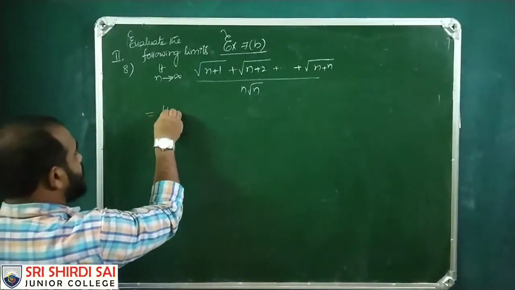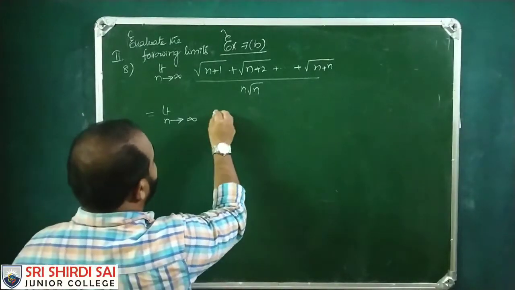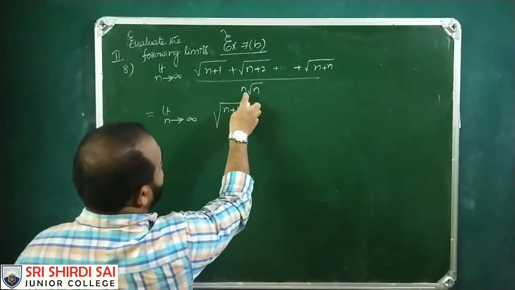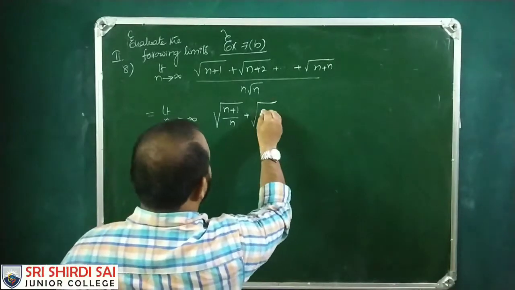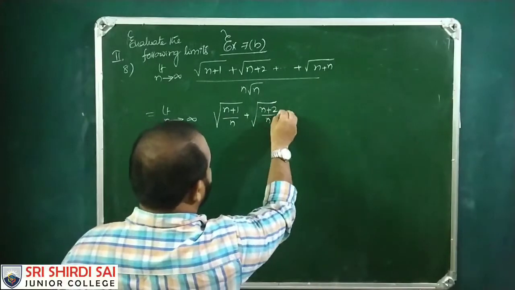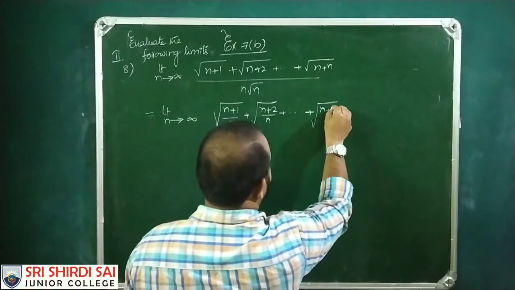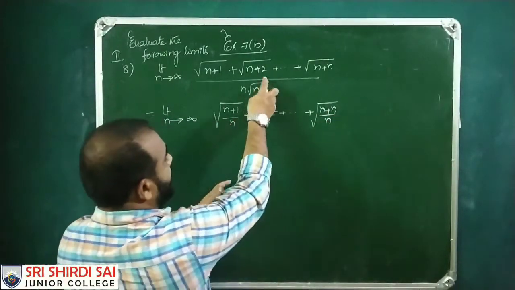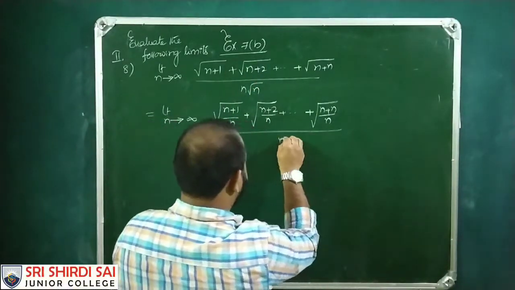This is equal to limit n tends to infinity of root of (n plus 1) by n, plus square root of (n plus 2) by n, plus etc., plus square root of (n plus n) by n. This root I have brought inside the root, dividing by n.